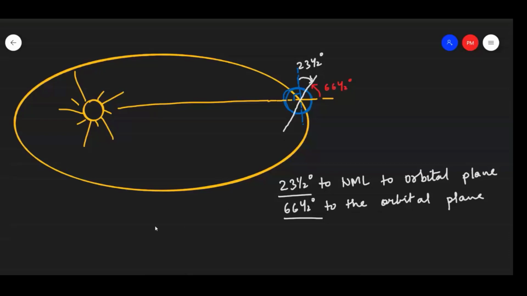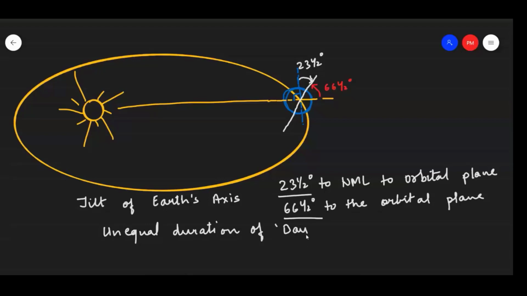Now, what is the importance of tilt of the Earth's axis? What does this give? Tilt of the Earth's axis gives unequal duration of day and night at different latitudes.